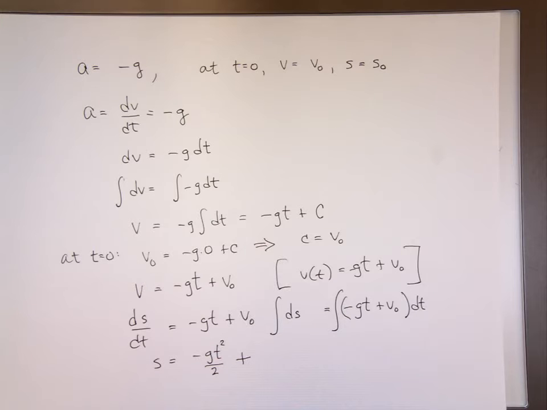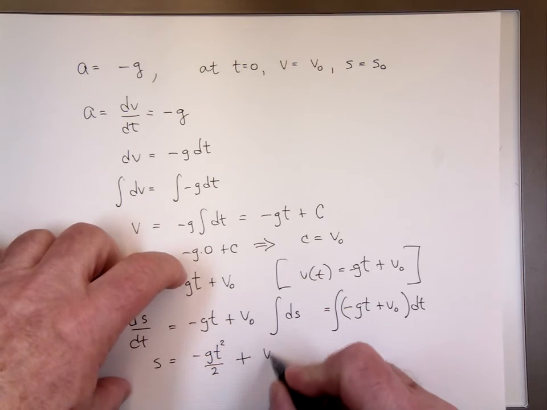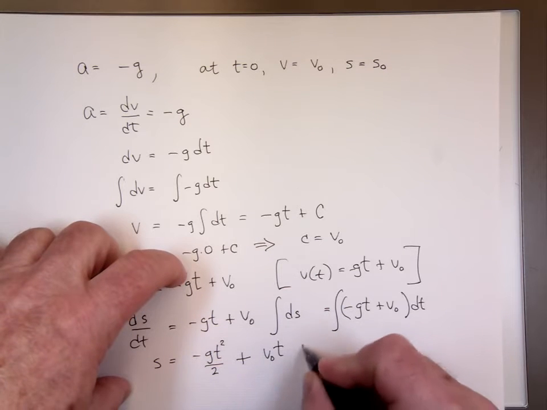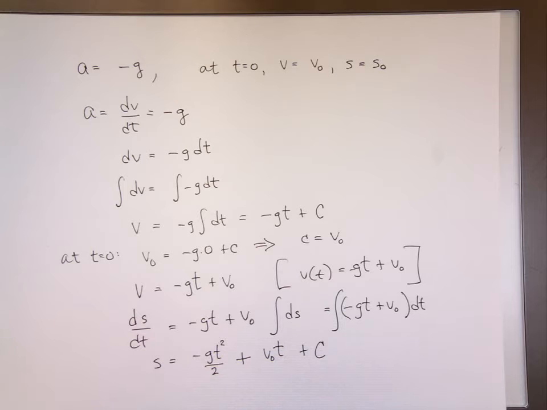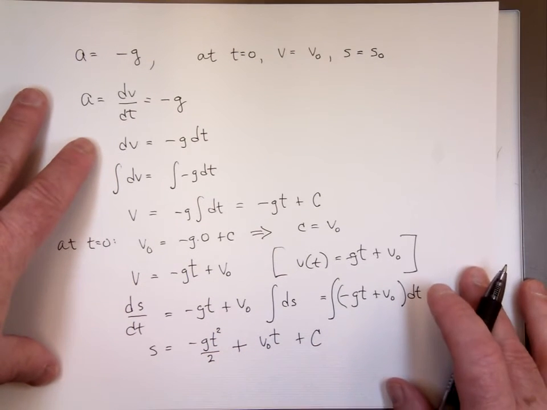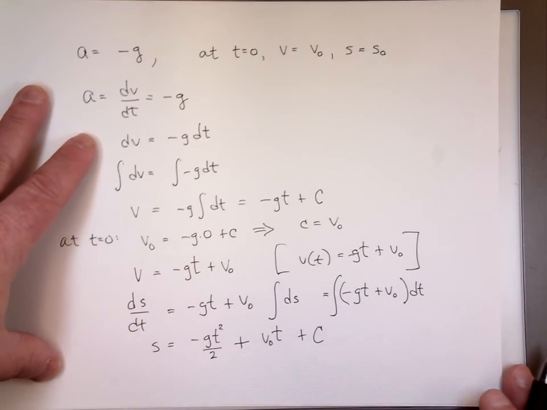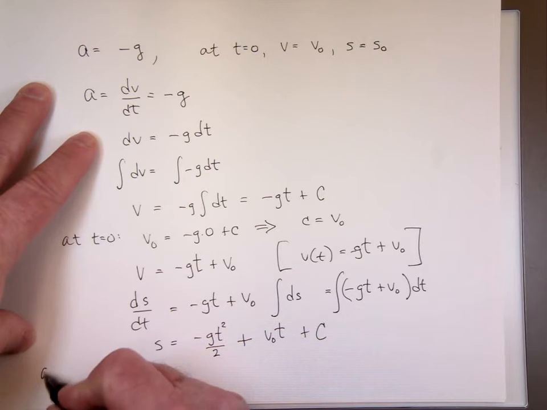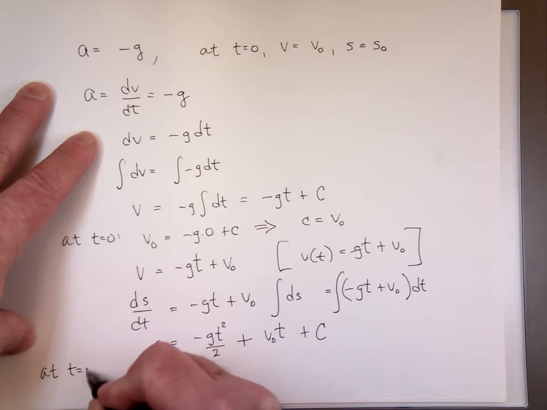All right, so v sub naught t plus a constant. Well, we're going to solve for the constant. What do we know? We know that at t equals 0, s is s sub naught.